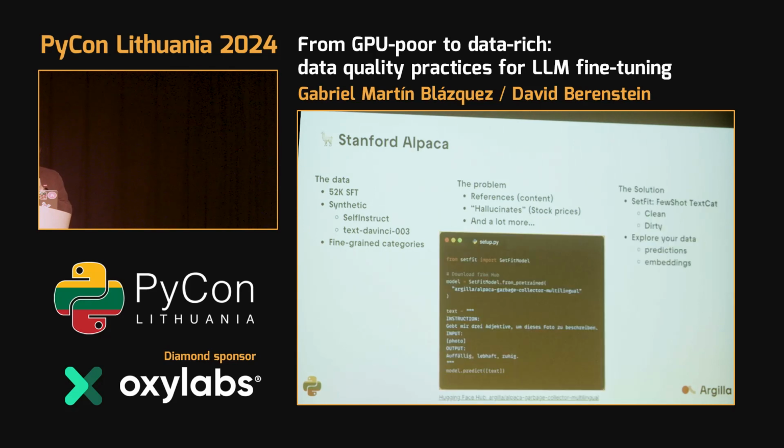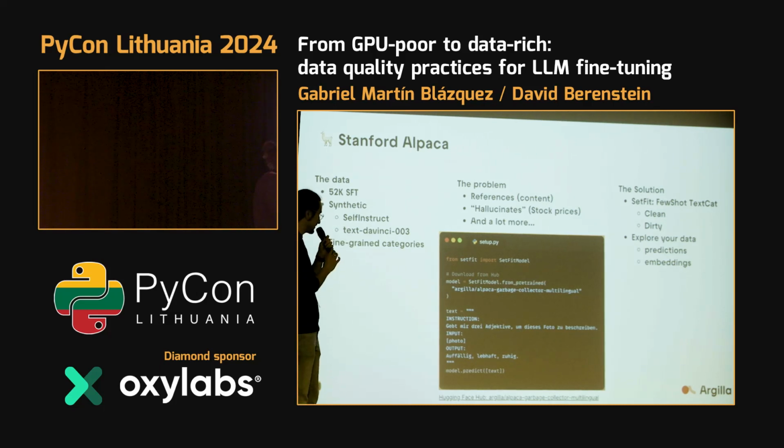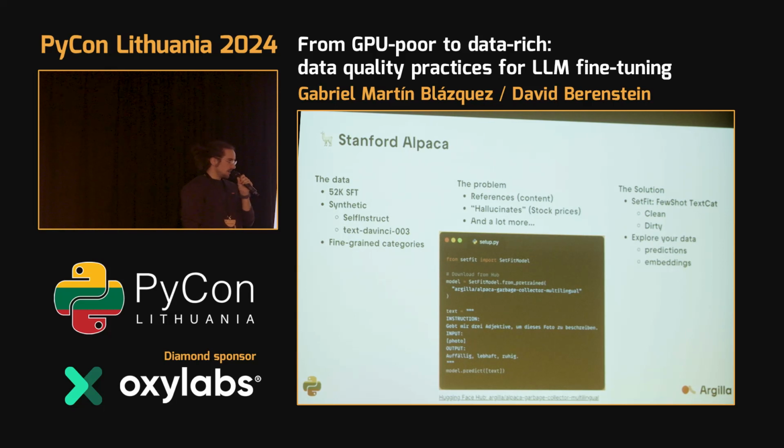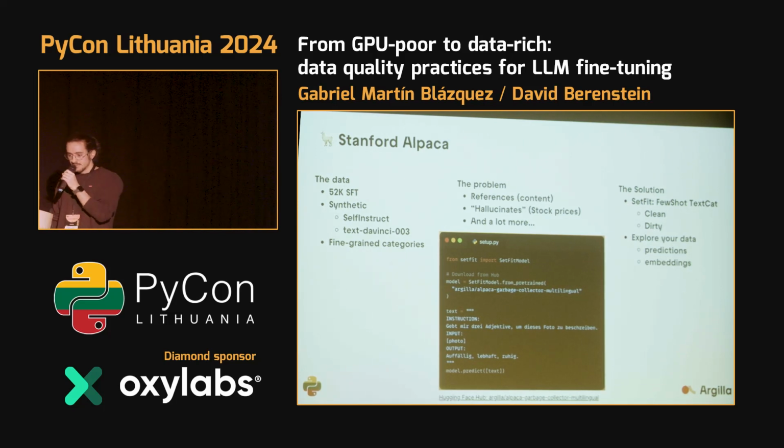So what we did in Argilla is to basically train a text classifier to detect these bad instruction-response pairs, and for that we manually annotated 1,000 records and trained this text classifier with SetFit, which is an awesome library.